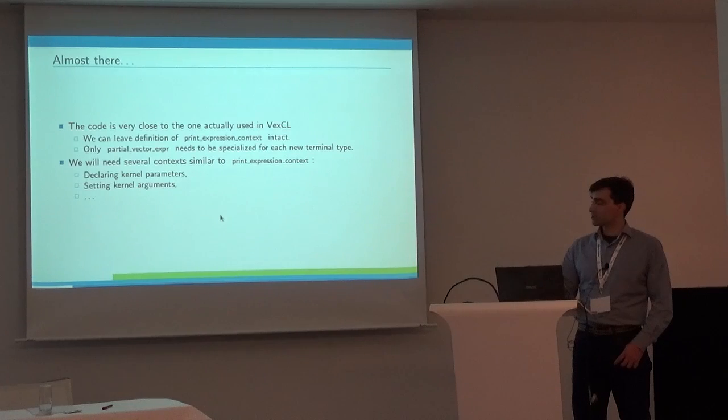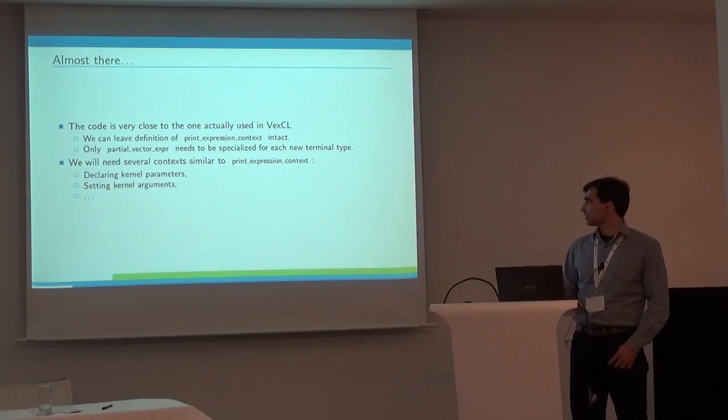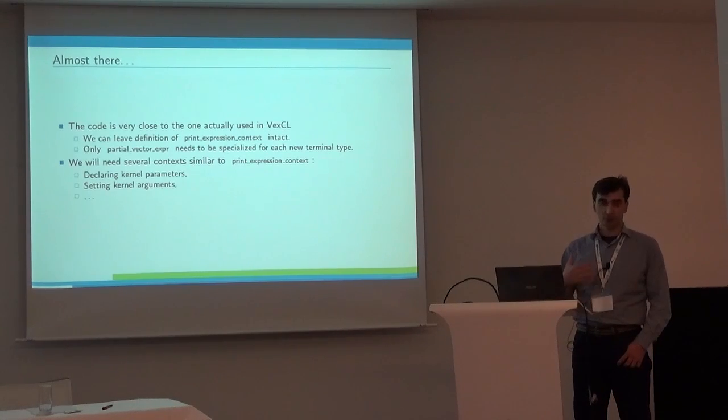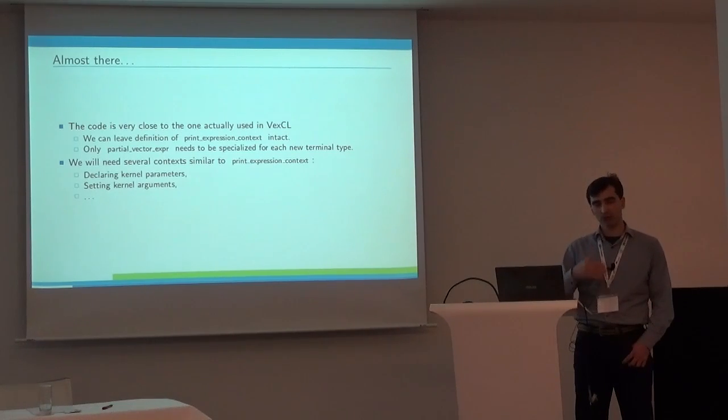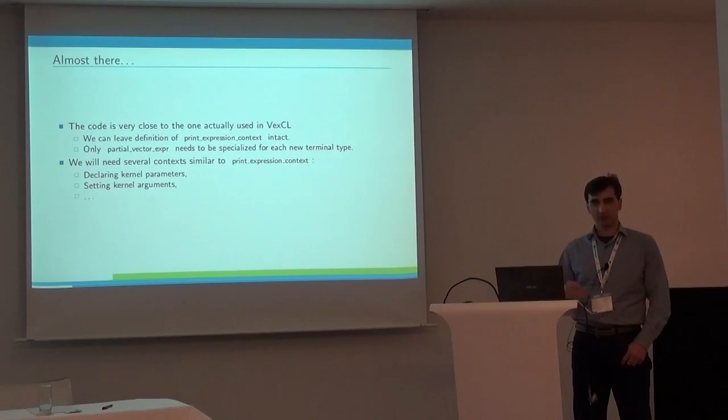So this code is now very close to what is actually used in VexCL. We don't touch our contexts anymore because we have provided some boilerplate code, and we only have to, for each of the terminals, provide instantiations of this special template which know what to do with this specific terminal type.